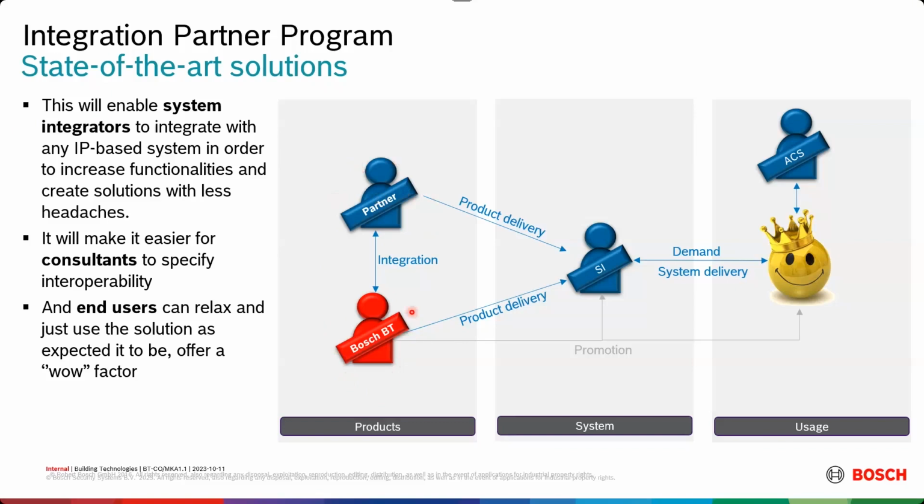And then you as a system integrator will buy the Bosch product from Bosch and the partner product from the partner, and you connect it as specified in the solution paper, and you have that total solution available.